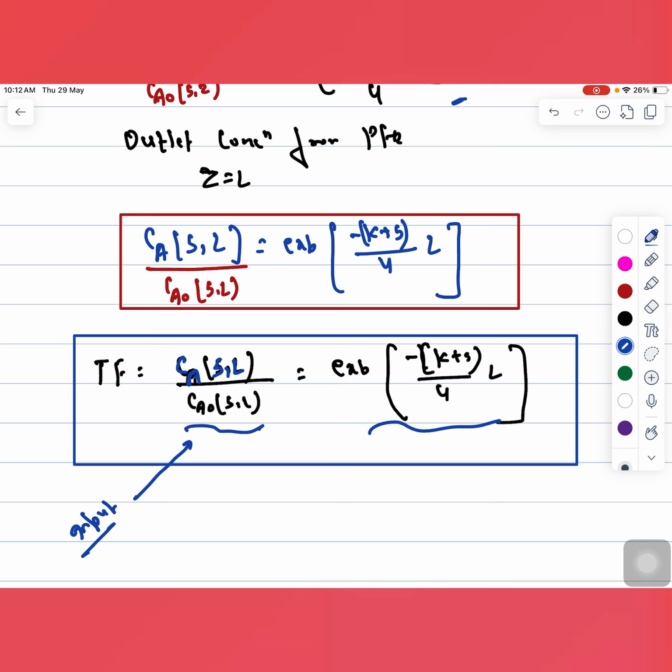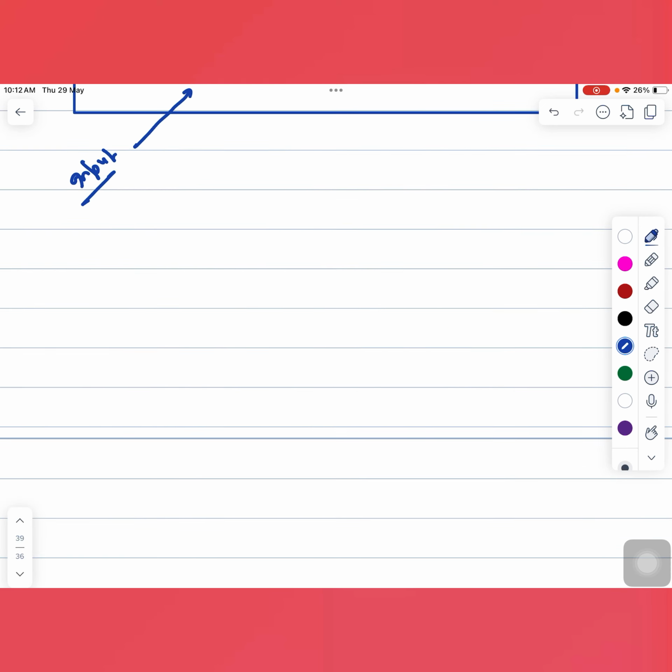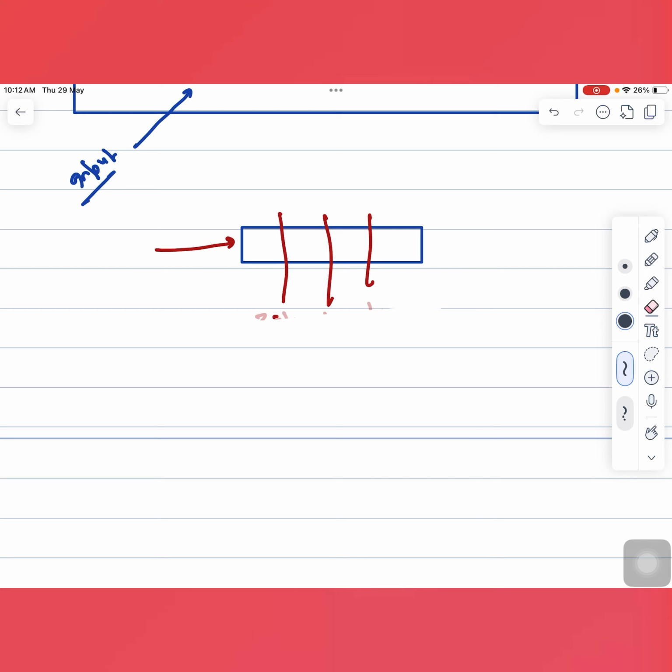Why am I telling you this? Let's say it can be possible at any particular location z equals Z1, Z2, Z3, and this is z equals L. At each of these locations, the concentration will be different.